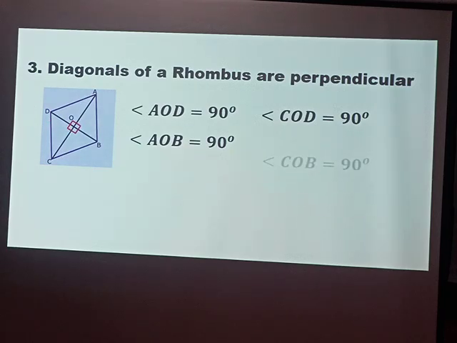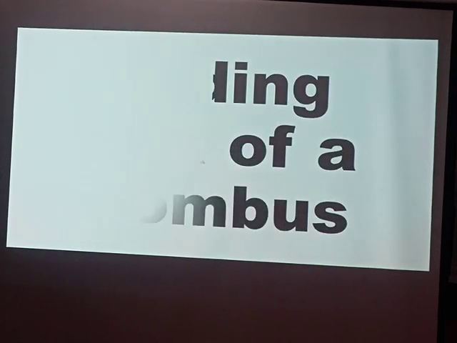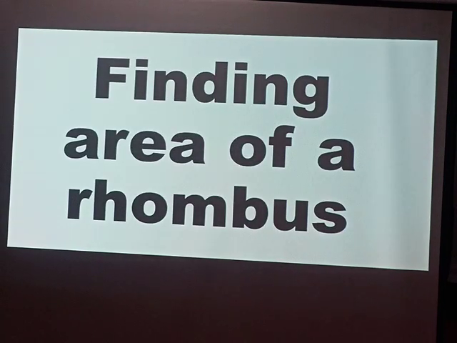Then lastly, we have angle COB, this angle is also 90 degrees. So the diagonals are perpendicular. That means when they bisect each other, they create that angle of 90 degrees.